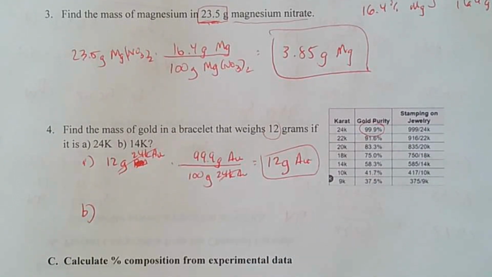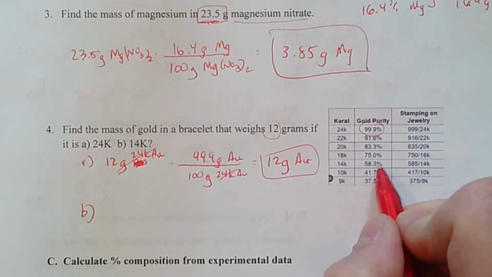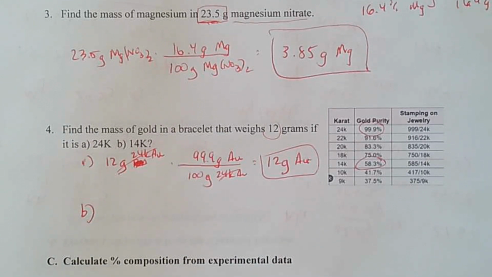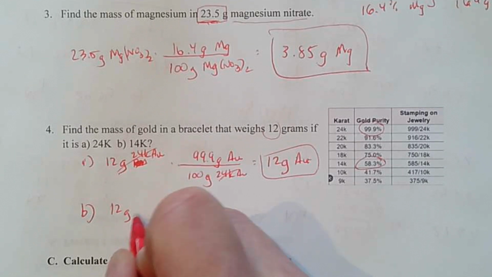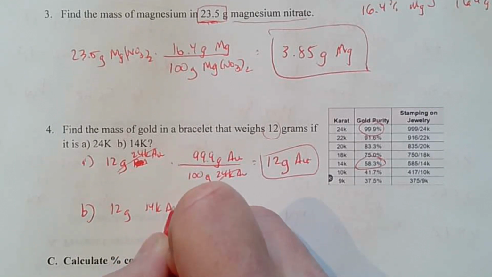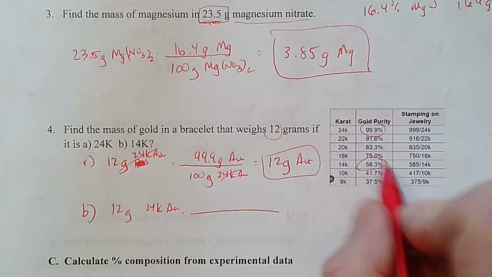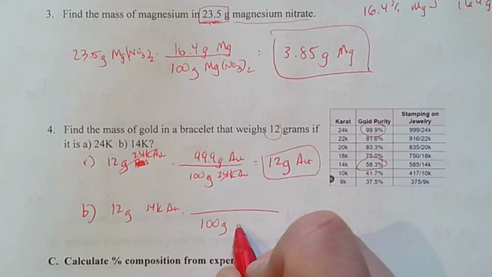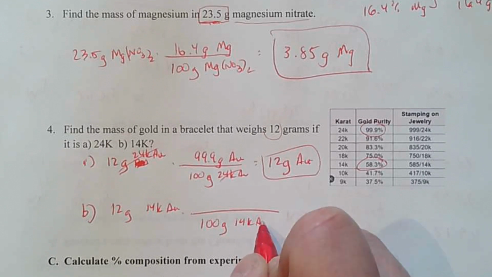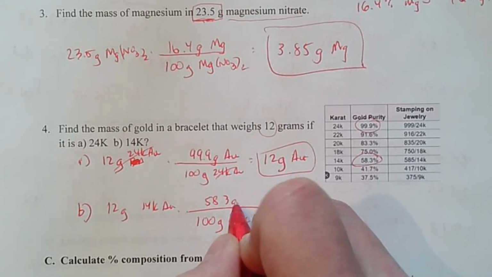Now, if we do the same example, but the gold is 14 karat, you notice the purity is much decreased. If you have 12 grams of 14 karat gold, and the purity is 58.3%, that means for every 100 grams of 14 karat gold, you have 58.3 grams of actual gold.